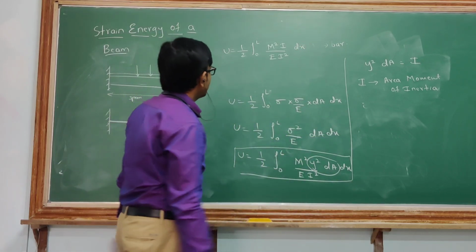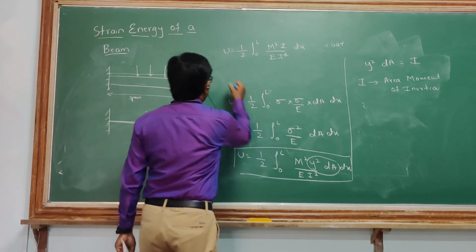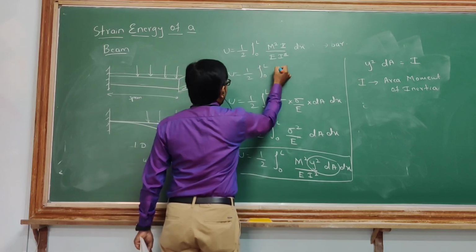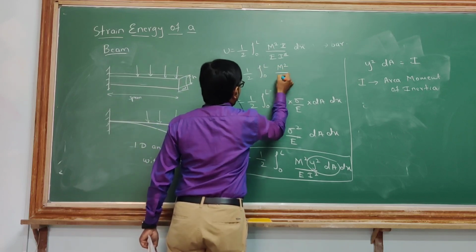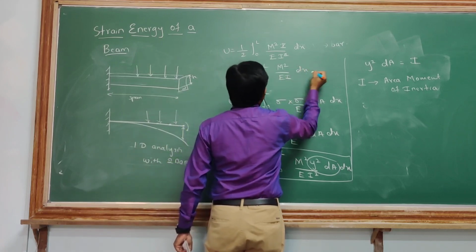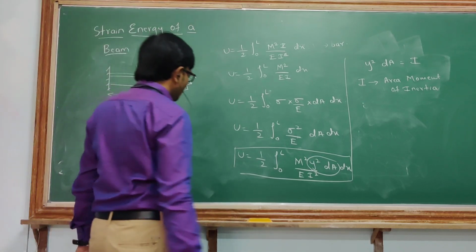What happens here is this I and this I square get cancelled. So you end up with 1 by 2 integration 0 to L M square divided by EI into dx. This will be the basic equation.